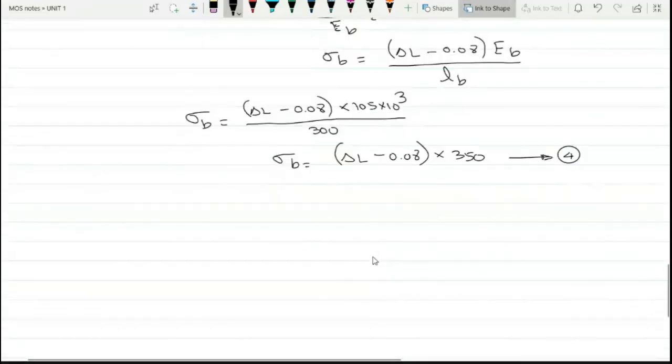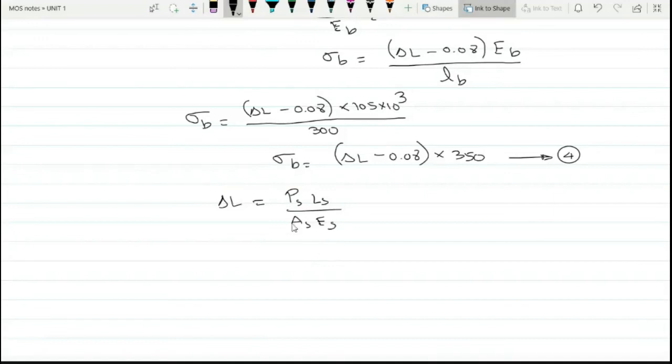Now let me go for steel. For steel, del L is equal to PL by AE, so PS LS by AS ES. Actually, this is del L, so let me name it correctly, similar to this.